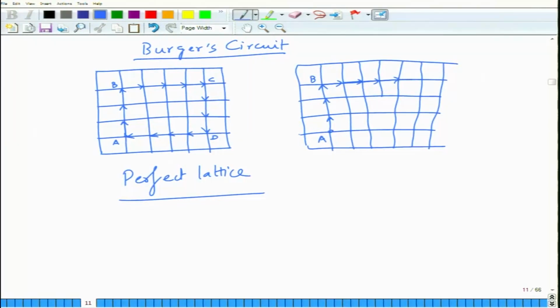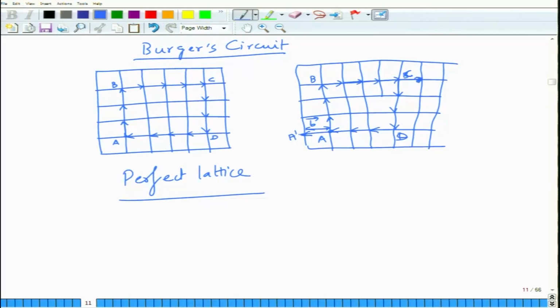Then you come 3 steps down to point C, then to D, and you do not reach A, rather you reach another point, A prime. This is one extra step, called the Burgers vector of an edge dislocation.